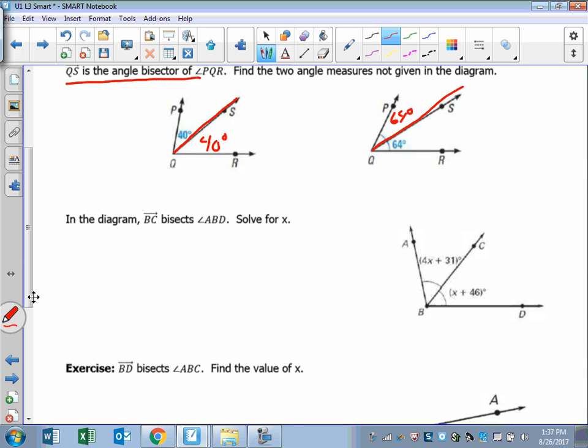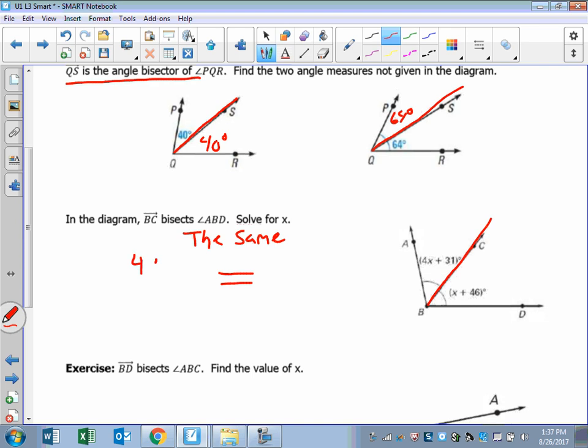Now we throw a little algebra in there. We have BC is the bisector. Solve for x. Well, BC cuts it in half, so we know that those 2 angle measures have to be the same. Right, and the math term for the same is equal to, so we just set them equal to each other.